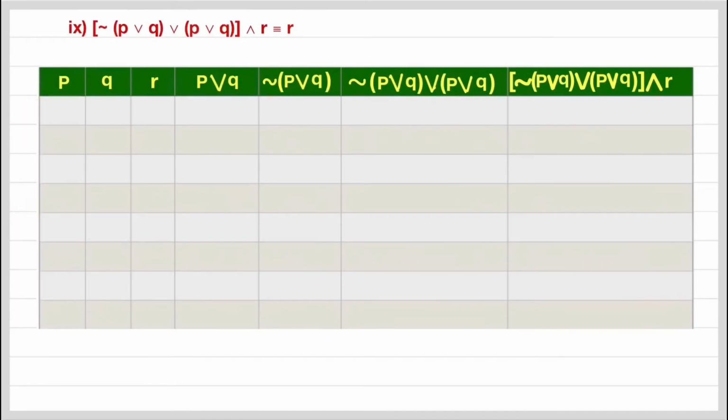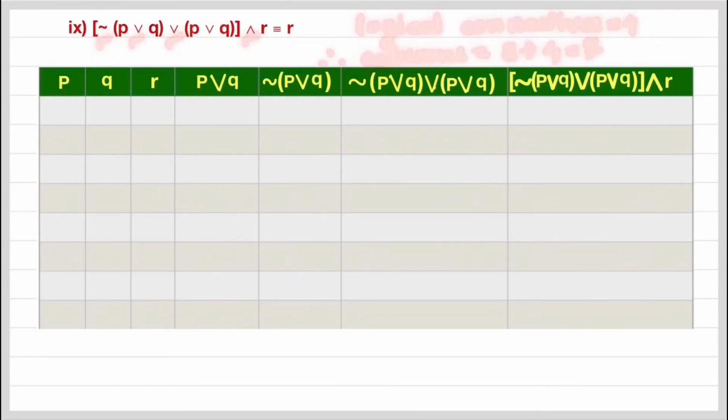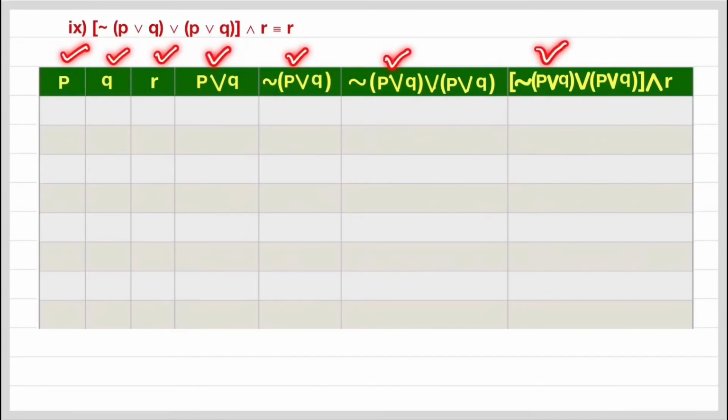Find the number of columns, where we calculate logical connectives. 1, 2, 3, 4. 4 logical connectives are there. Here P or Q is repeated, but we will count it once only. Therefore, columns 3 plus 4 is equal to 7 columns. These are the 7 columns.